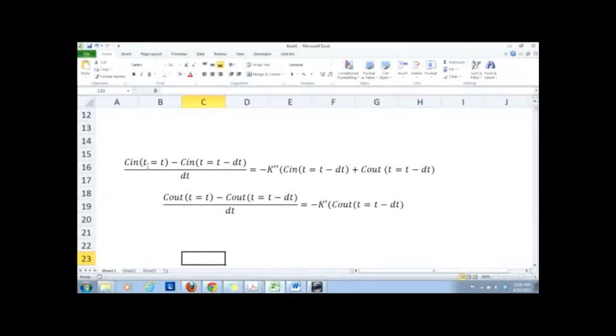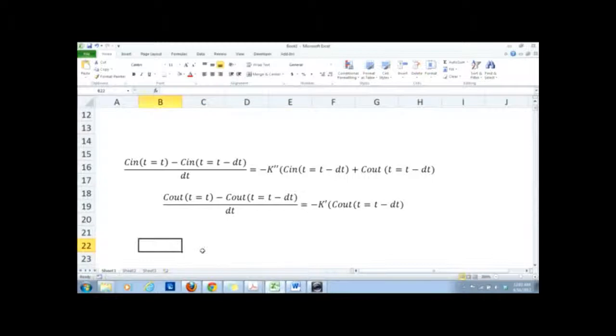So I'm saying that if I assume very small time scales, for example 1 millisecond or 10 milliseconds, then I can just assume that dC is just a subtraction of C at a forward time minus C at present time. And similarly, C in is something at the backward time. So I can write these equations like this.